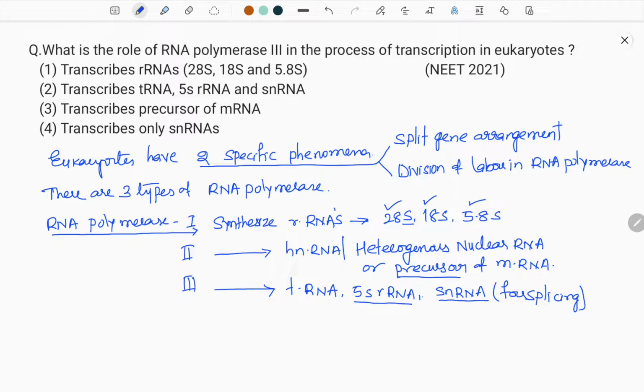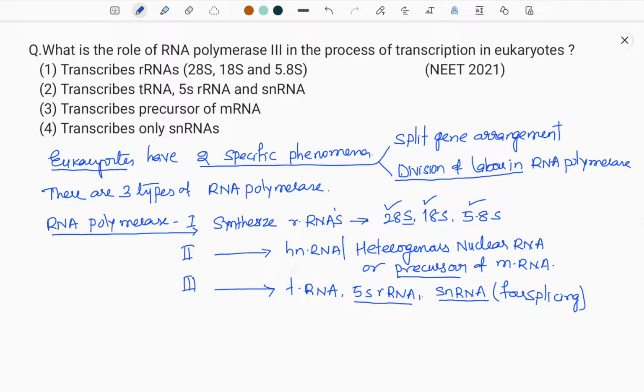So this is what I have described as division of labor of RNA polymerase. Three kinds of RNA polymerases show three different functions only in eukaryotes. Remember, eukaryotes have split gene arrangement, eukaryotes have splicing and processing of mRNA, and eukaryotes have three types of RNA polymerases: RNA polymerase 1, 2 and 3.